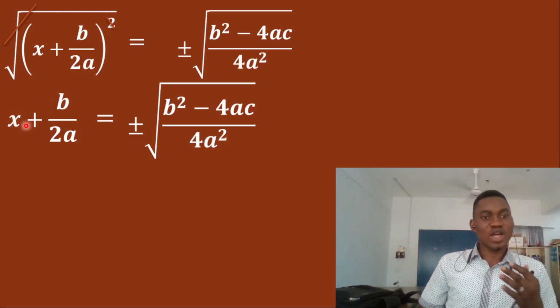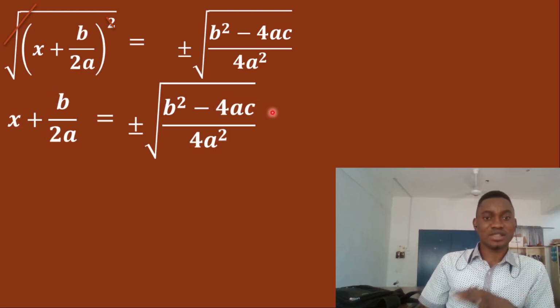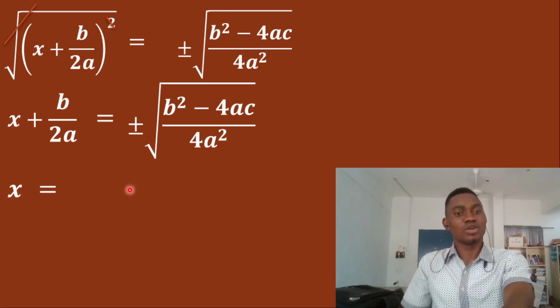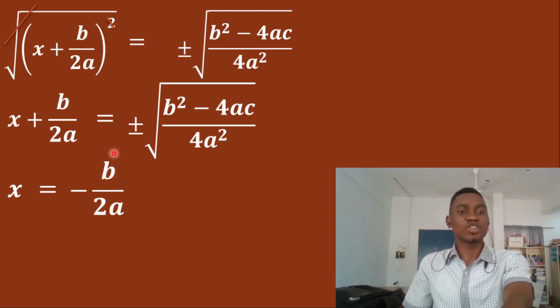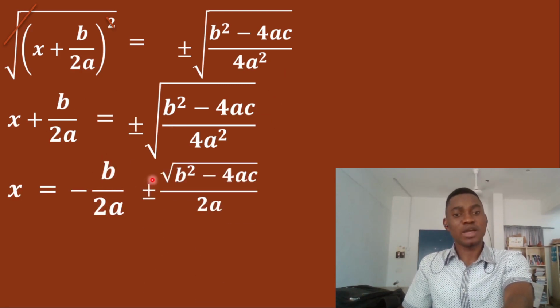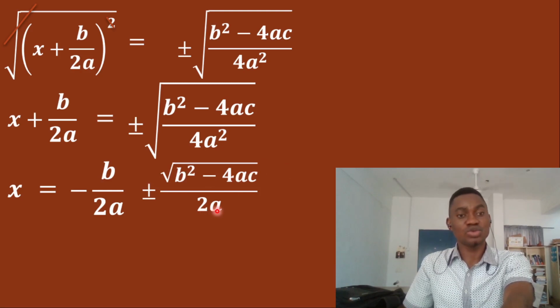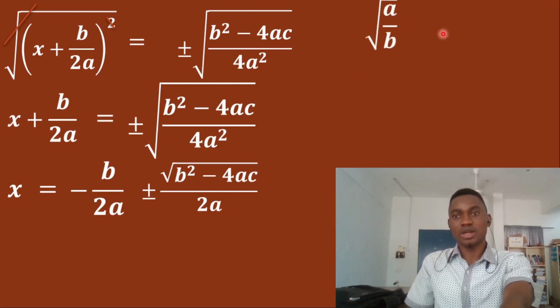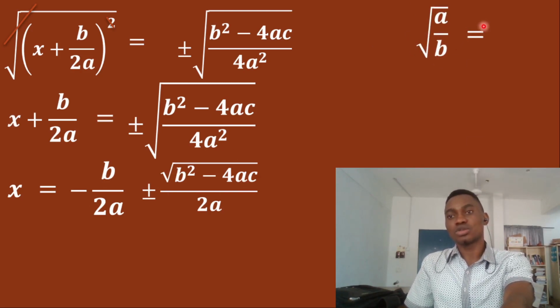b squared minus 4ac all over 4a squared. Alright? So we have to move b over 2a to the right hand side so that x can stand alone. If that is done, we'll have x equals minus b over 2a plus or minus root of b squared minus 4ac all over 2a. If positive b over 2a moves to the right hand side, it changes to negative, okay? So don't forget that root of a over b is equal to root of a all over root of b.